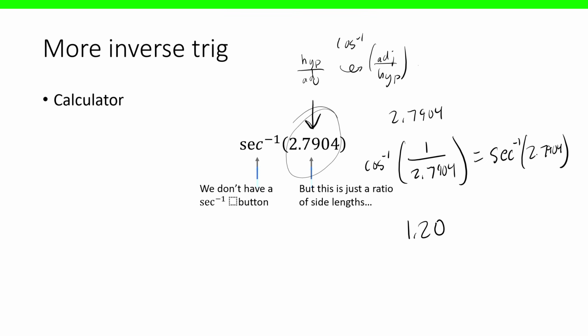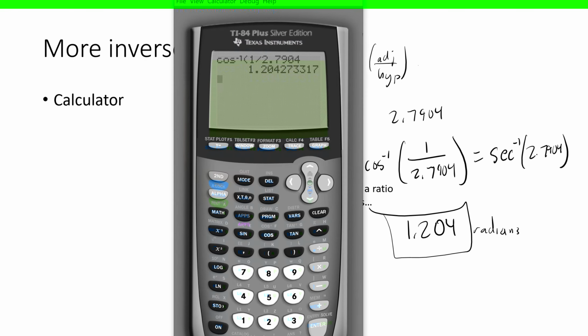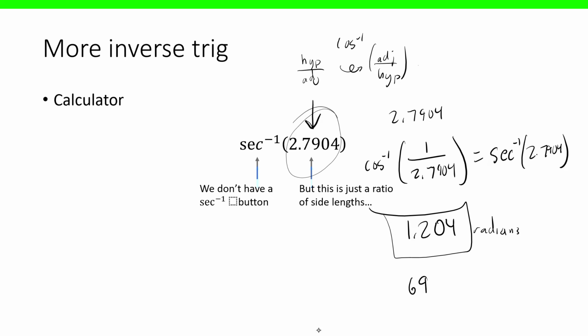I'll just put radians here to be clear, but it doesn't have units. And then in degrees, let's just change it back to degrees really quick, and redo the calculation. And it's 69 degrees. Oh wow, I wonder who wrote that question.